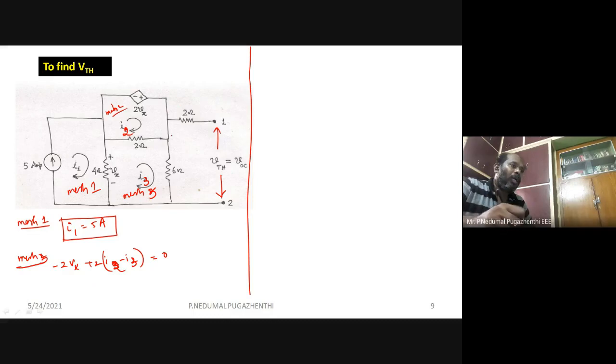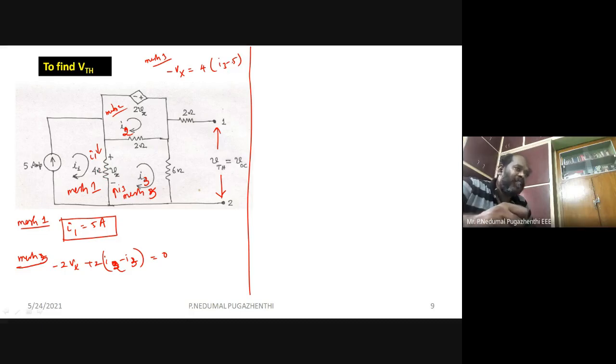And we have some other relations which we already know. From mesh 3, what is Vx actually? Because I am having a Vx notation here, I should know what is my Vx. Vx is equal to 4 into I3 minus 5. The current passing through this is I1 and I3. I am taking I3 minus I1 as the resultant current passing through this 4 ohm resistor.